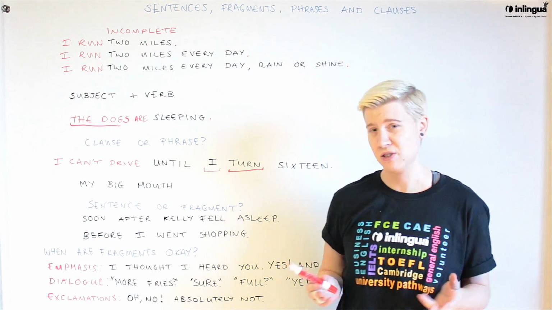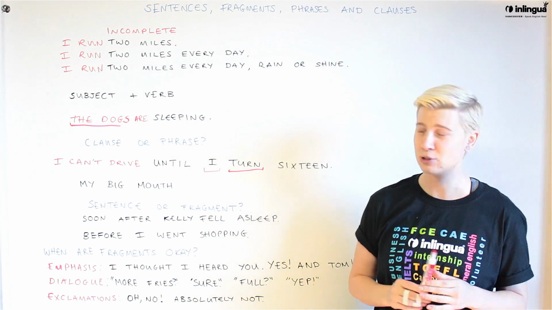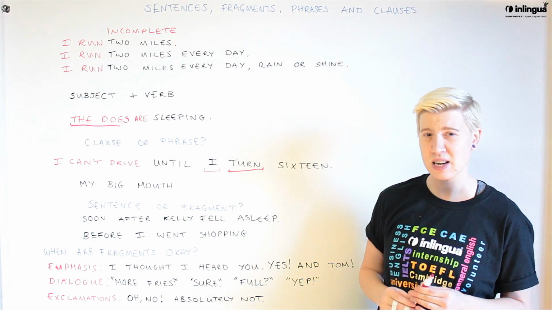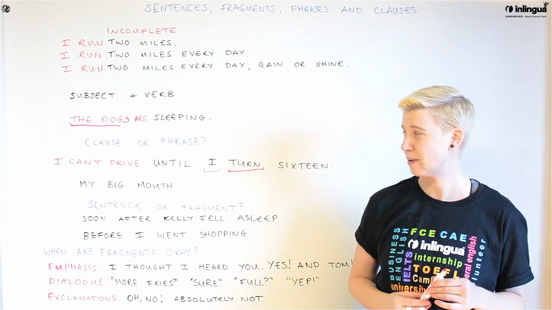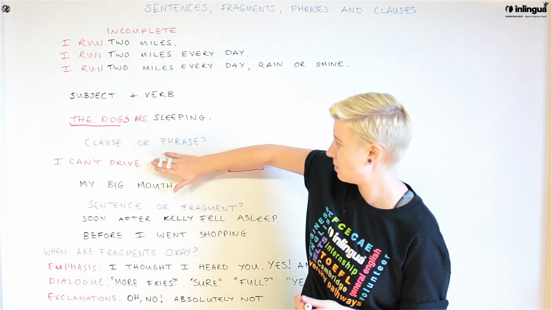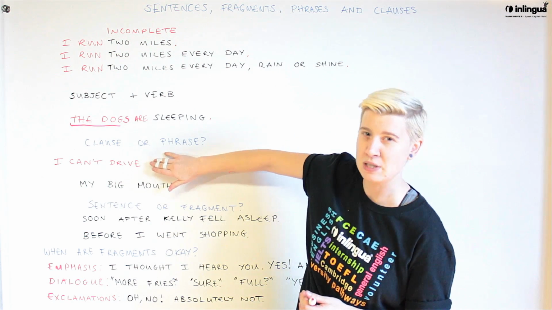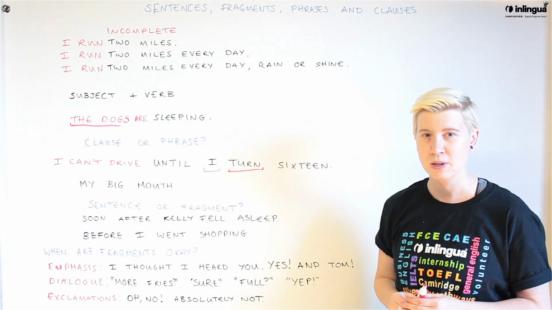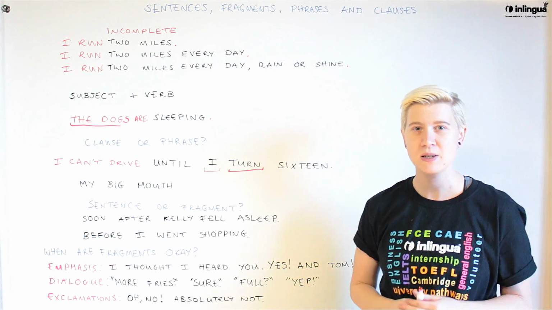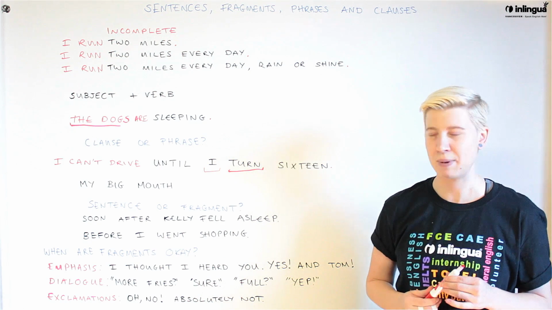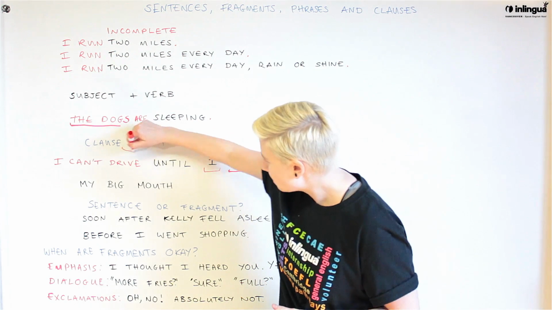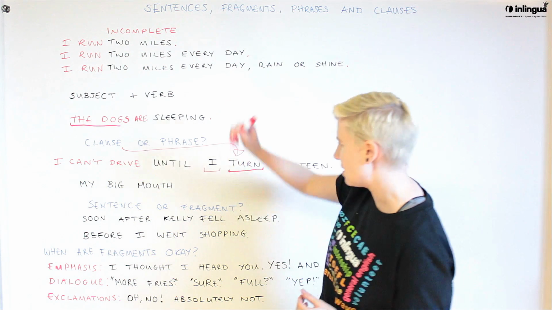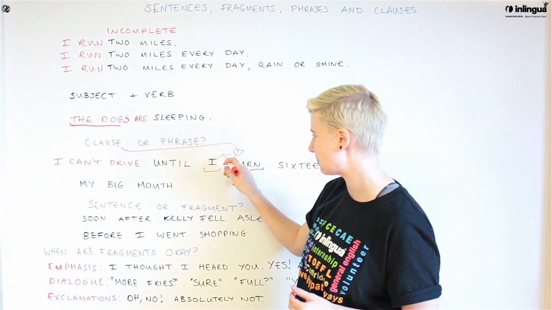Or maybe the person doesn't have a car and is not allowed to drive until they turn 16 and they get a car for their birthday. This alone is a sentence, but it is not a good sentence. This gives us much more information. This clause helps us to explain what we are talking about. This is our clause, this whole thing.